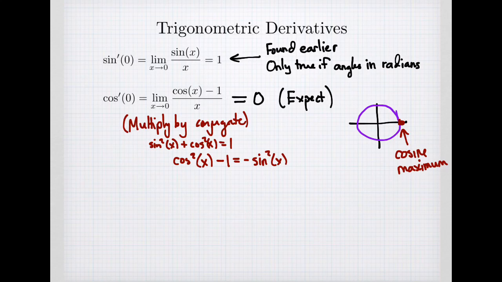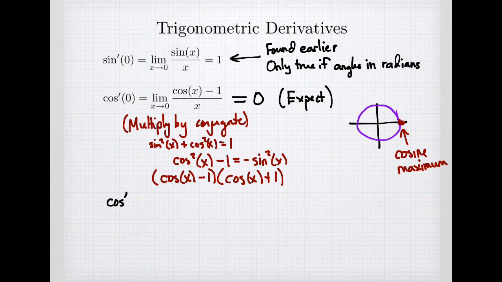And this cosine squared of x minus 1 factors. I get cosine of x minus 1 times cosine of x plus 1. And one of these factors is the formula we have, cosine x minus 1. So what we'll do is multiply top and bottom by the cosine of x plus 1. That's the conjugate.